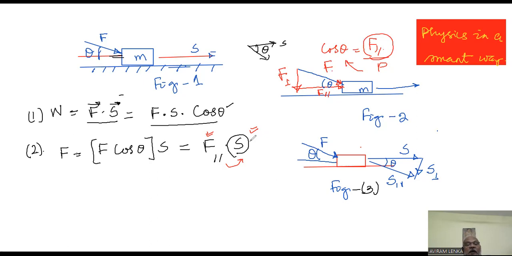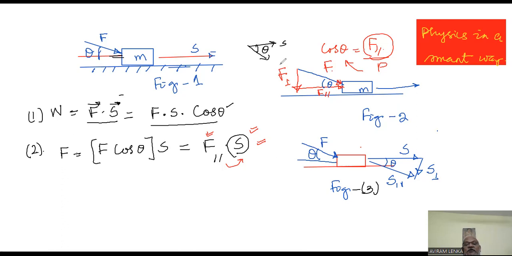So if somebody uses the formula directly, Fs cos theta, it's all right, no problem. Or else work can be visualized as the displacement into the part of the force which is parallel or along the displacement, which is F parallel.